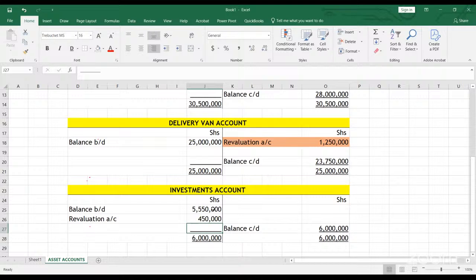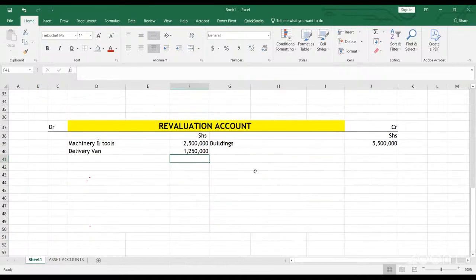We have a revaluation gain of 450. So this will be taken to our revaluation account. These are investments.